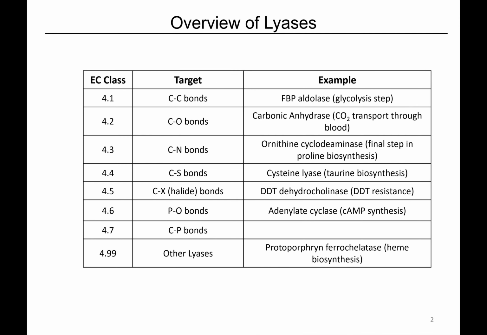So lyases are enzymes that catalyze the cleavage of bonds without using water, right? And we talked about this and we saw some lyases on Tuesday. So we're going to quickly review how they do their chemistry, especially focusing on the cofactors, right? Like how we use the electron sinks.